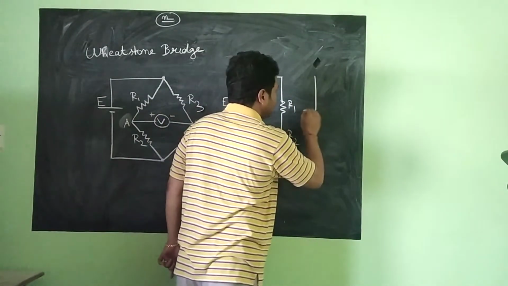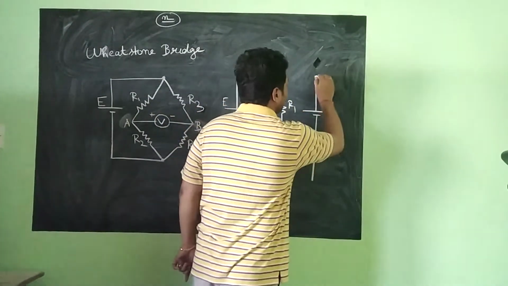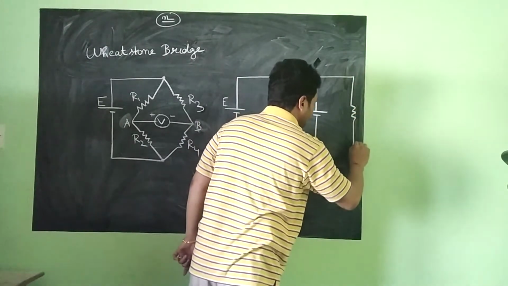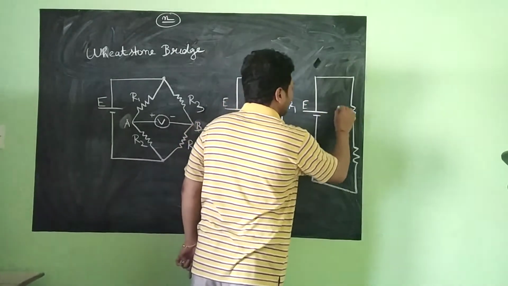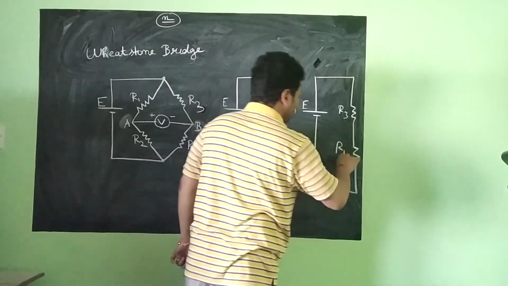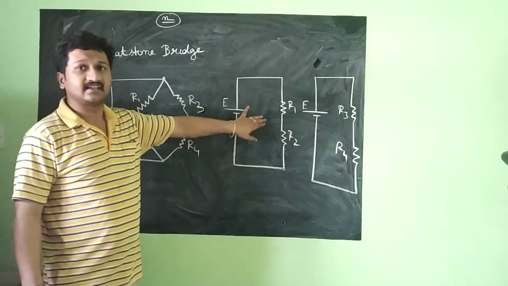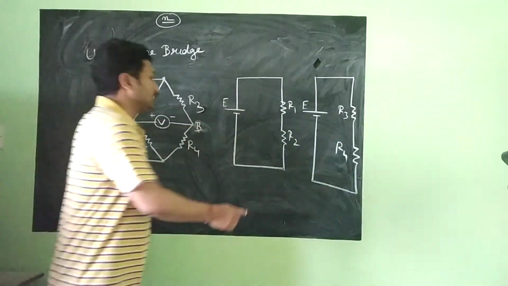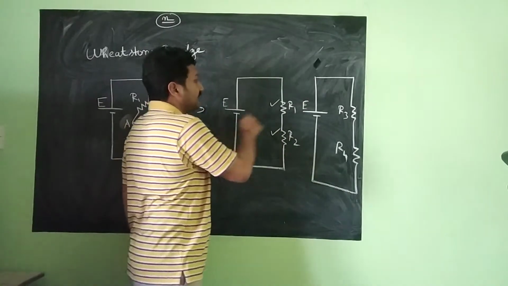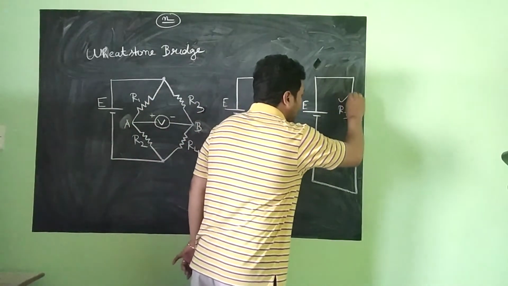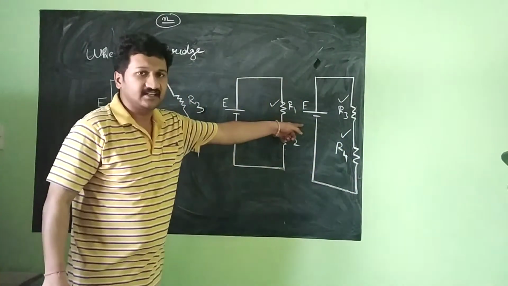Again, E, R3, R4. So, if you can see this as a potential divider circuit, we can find the individual drop across R1, R2 using this E, and similarly individual drop across R3 and R4 using this potential E.